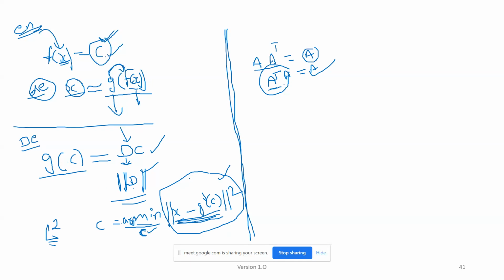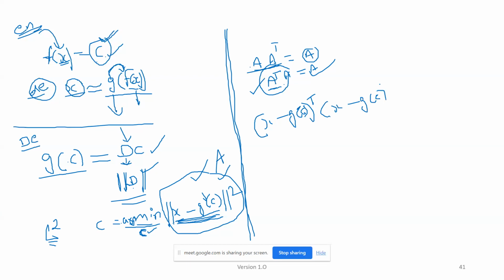So instead of taking a single matrix value, I'm going to consider this representation because we are assuming this as A. A transpose into A, or A into A transpose; you can take either one. Now I'm going to take the norm of x minus g of c, and we are doing the transposition of this matrix. It is not a norm function; we are taking the matrix with its transpose, and you can multiply without the transpose.